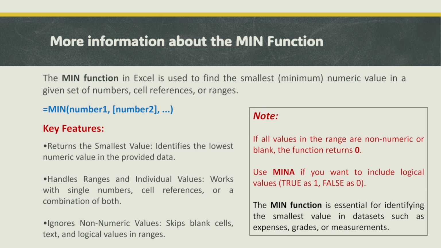It finds the smallest value, it skips text, and it skips empty cells, blank cells. And of course, if you have a range of non-numeric or text or blank cells, it's going to return 0.